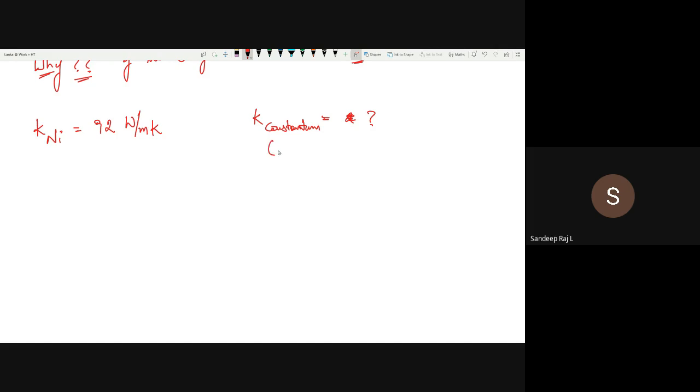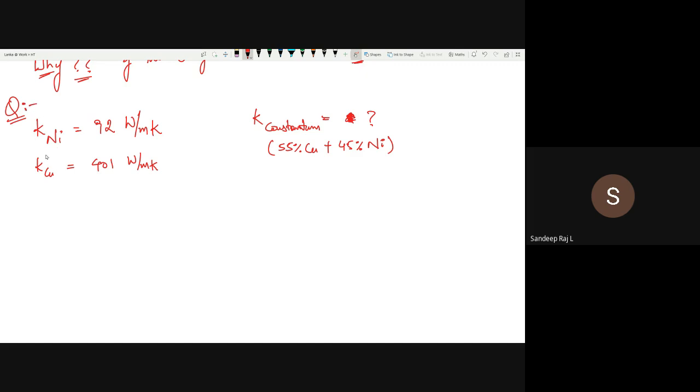Constantan is made of 55% copper and 45% nickel. You must know the copper thermal conductivity by now. It is 401 watt per meter Kelvin. In the previous question, we have seen this.